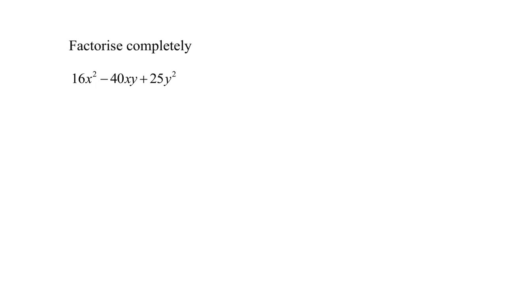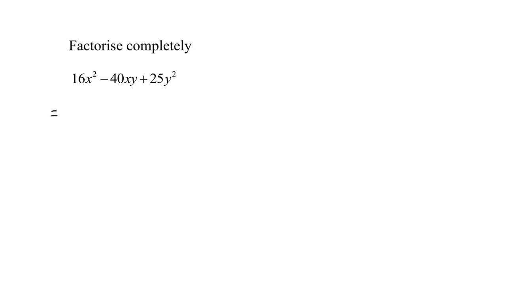Hello everyone, welcome to this question where we are required to factorize completely this expression here. The first thing that comes to my mind when I see this, there are two ways to go about doing this. Either you use the cross method, or in this case, I'm going to share with you my observation.